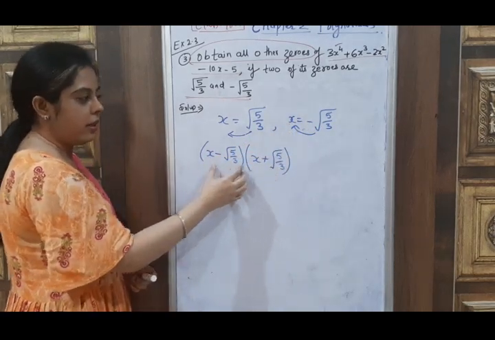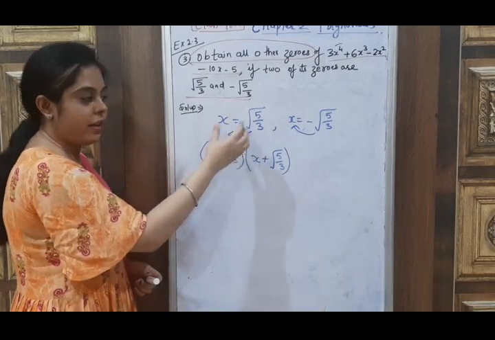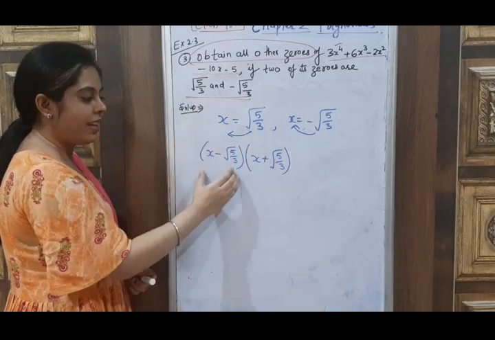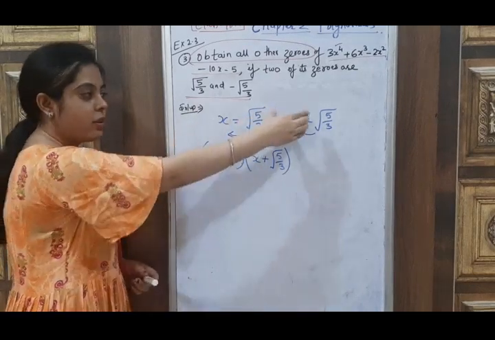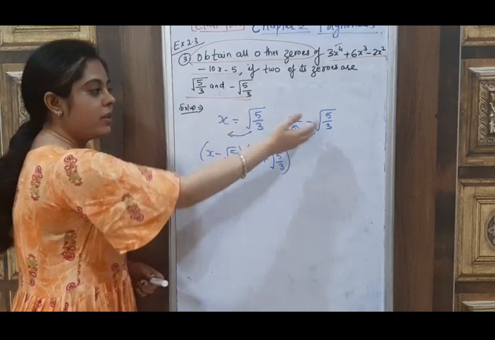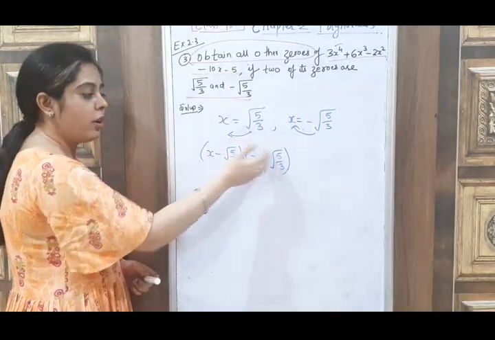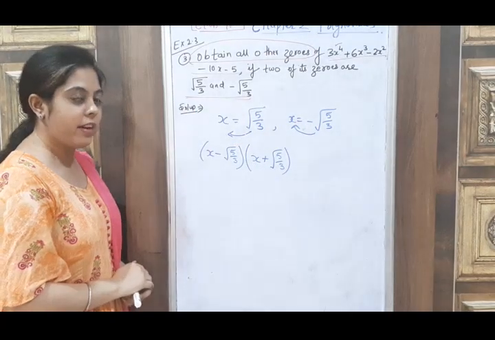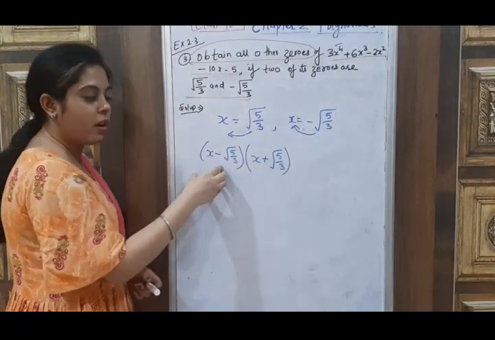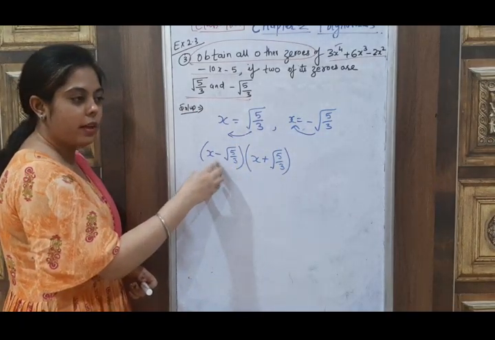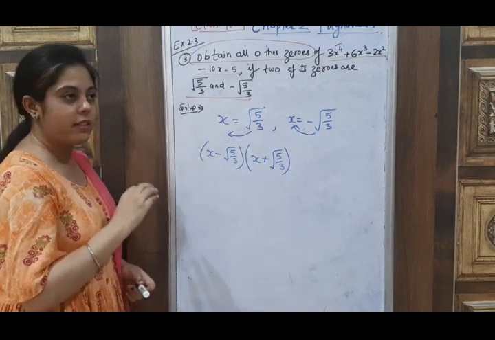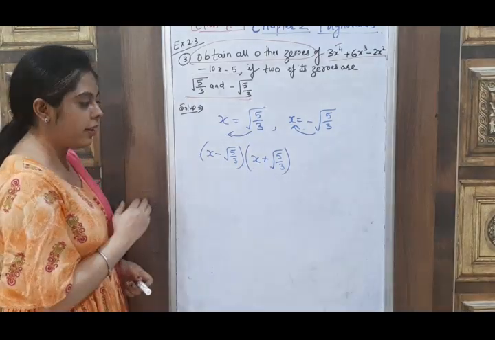So now these are the zeros and when we transfer them we get here the factors. यह zeros हैं इस polynomial के और जब हम इसे इस साइड ट्रांसफर करते हैं तो ये इसके factors में कन्वर्ट हो जाते हैं. Now we have to solve them and after solving we get another polynomial. So let's see here how.